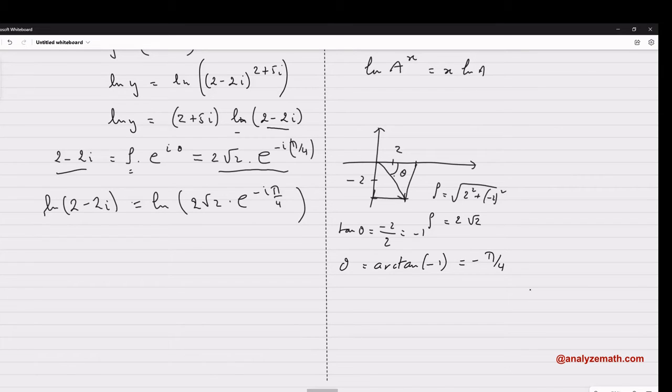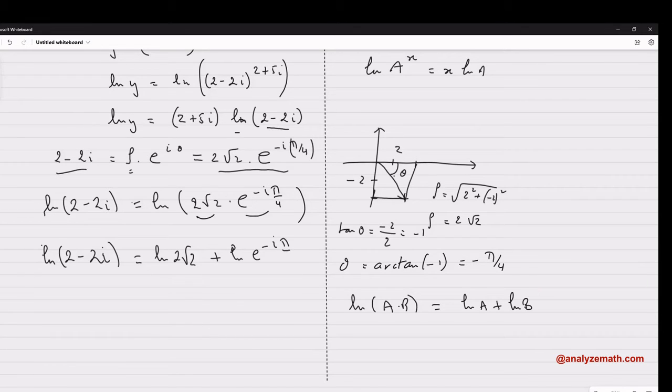Now we have the ln of a product, and we know that ln of a multiplied by b gives ln of a plus ln of b. So we apply this here, and we say that the ln of 2 minus 2i is equal to ln of 2 square root of 2 plus ln of e to the power of minus i pi over 4.